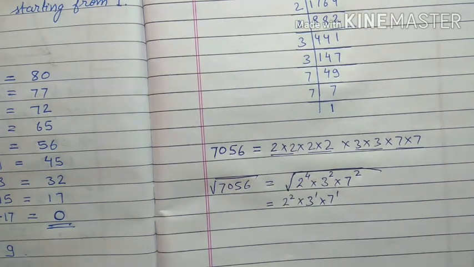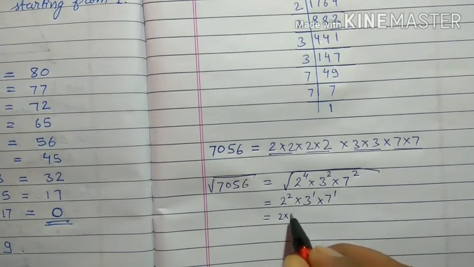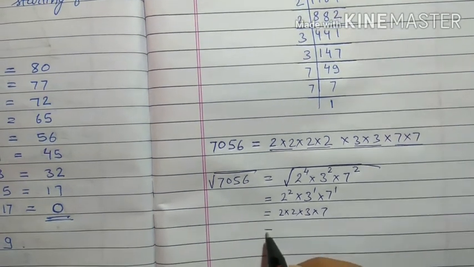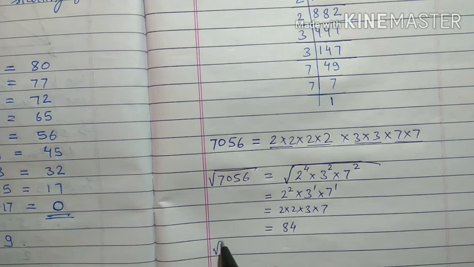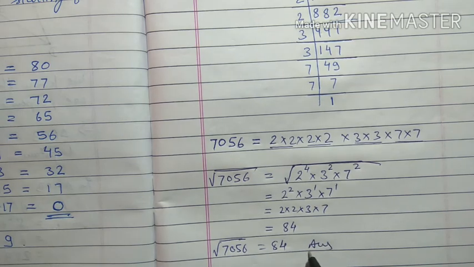So the square root is over, and this becomes 2 square is 2 into 2 into 3 into 7. The result is 2 2s are 4, 4 3s are 12, and 12 7s are 84. So the square root of 7056 is 84. This is the answer.